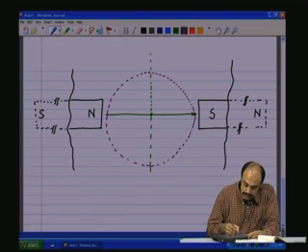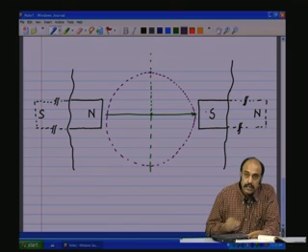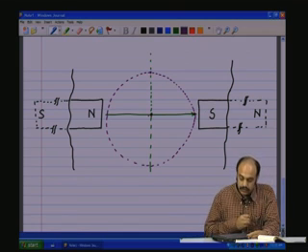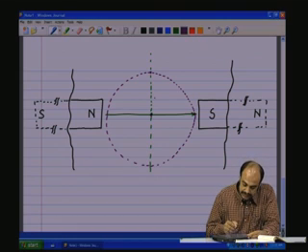At a point here, which is orthogonal to this north-south axis, the field is 0 in that direction.